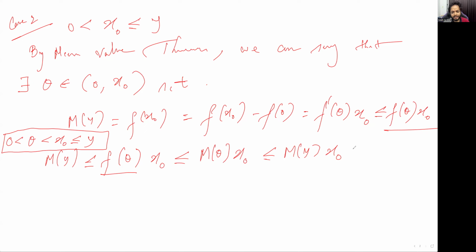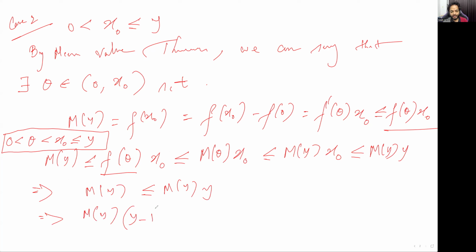Further we can say that this is less than or equal to m of y times y, replacing x naught by y as well, and thus we are getting that m of y is less than or equal to m of y times y, which implies that m of y times y minus 1 is less than or equal to 0.